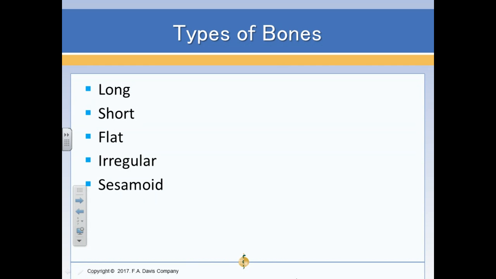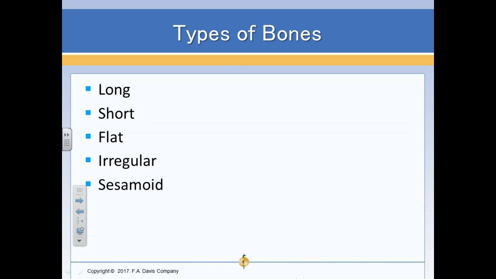They're made up of two different layers of compact bone, so they're pretty hard, and then they have cancellous bone with some marrow in the middle. They have more compact bone than trabecular bone. The ilium, the scapula, and the cranial bones are good examples of flat bones.